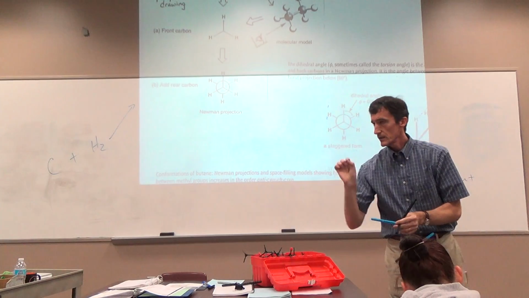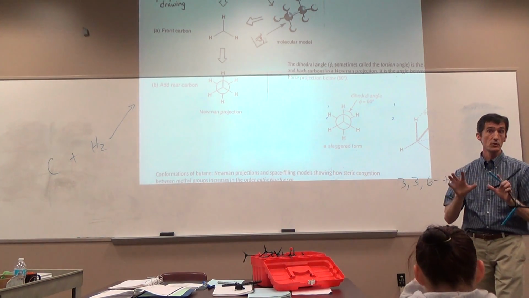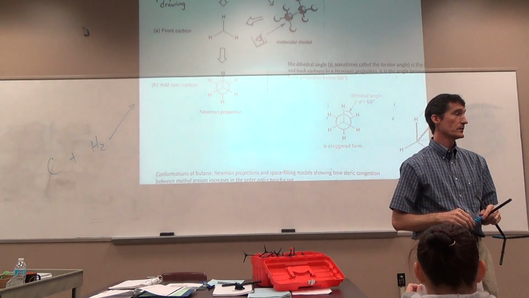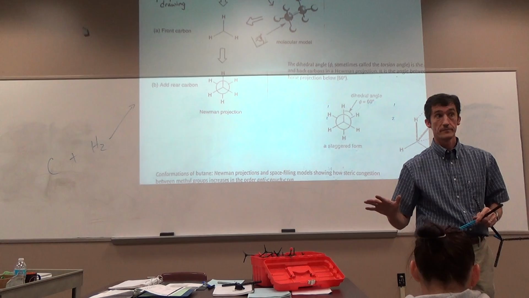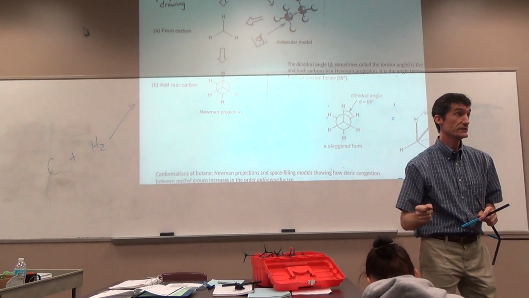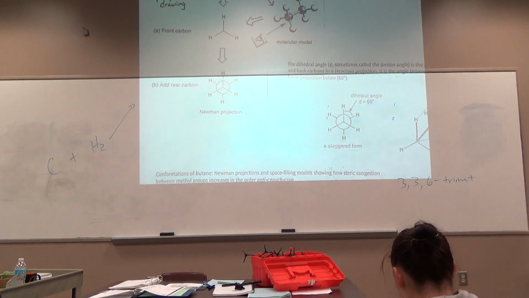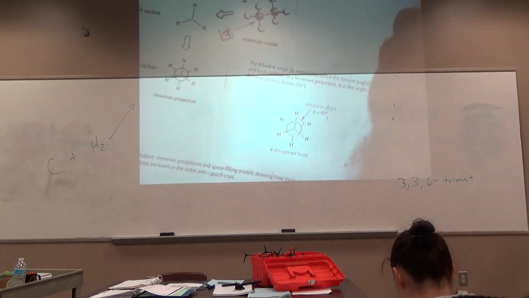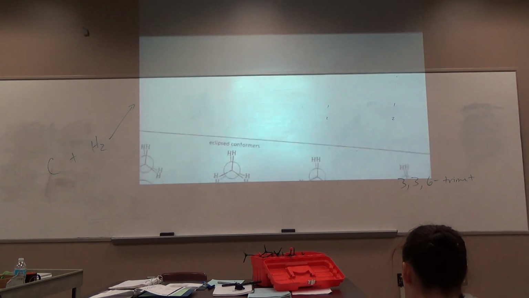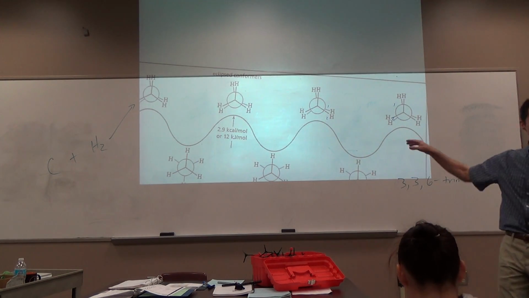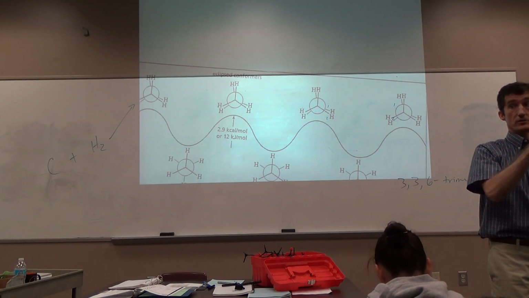Okay? Let me see if there's anything else to mention now, because you need to be doing some preliminary work on this, because on Tuesday we're going to hit all this stuff. You need to be prepared with your questions. We'll look at the different energies as you rotate around. Which is better?